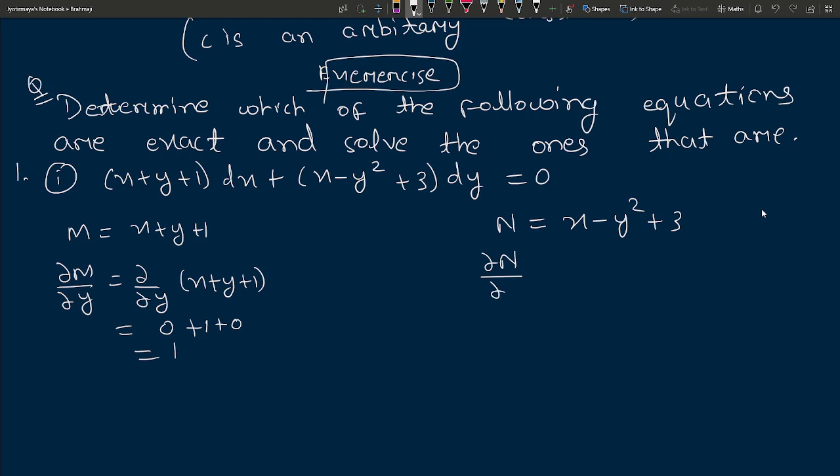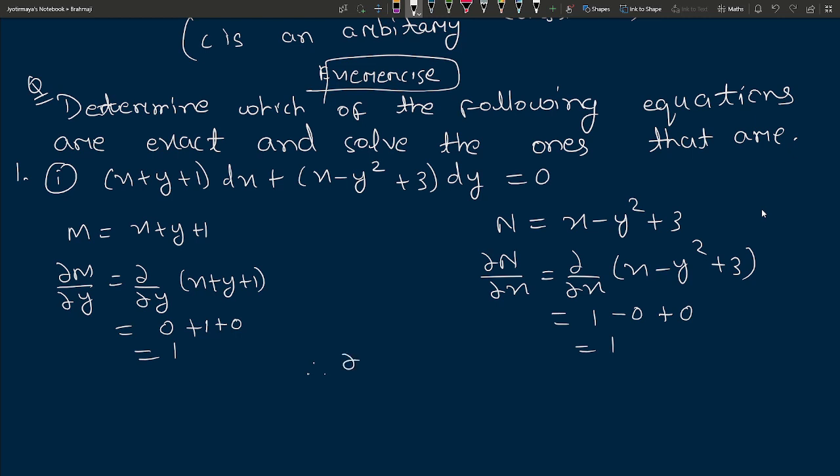Now del N by del x, del by del x of x minus y squared plus 3, partial derivative with respect to x. y is constant, but the derivative of x is 1, y squared constant so derivative 0, and 3 is always constant, derivative 0. So this is equal to 1.